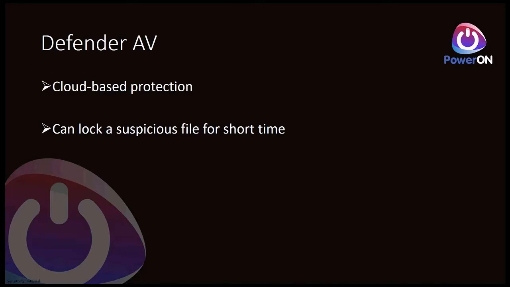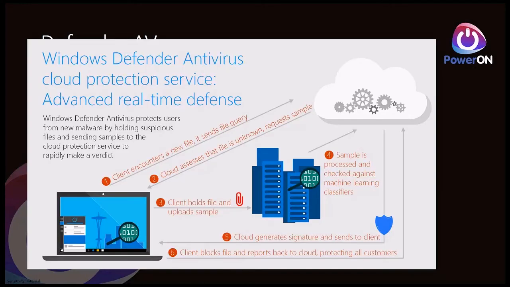And I think we've got a little picture about it. Yep. So just a little graphic around how Defender antivirus takes the file, passing it on to the cloud protection service, to get information around whether it's healthy or not, whether it's safe to run.